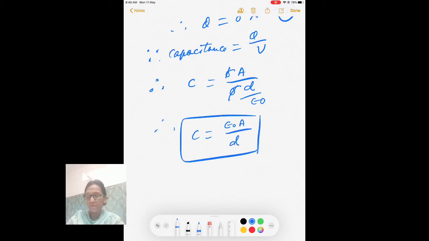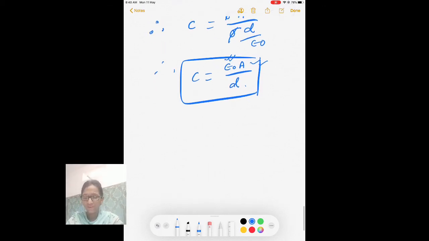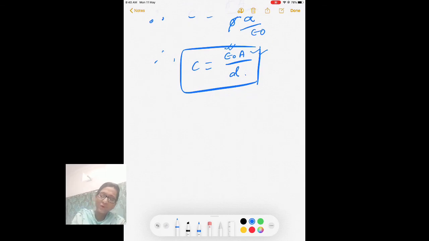From here you can find that capacitance depends on the area of the plate, the distance in between the plates, and also this permittivity, meaning the nature of the material. So let me conclude by writing these things.